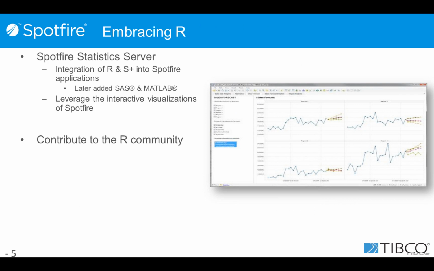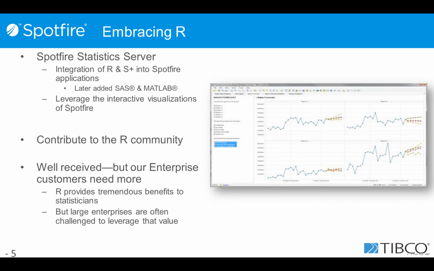Now, as part of embracing R, we focus on giving back to the R community, and so that means contributing packages to CRAN, contributing bug fixes back to R core, being a member of the R Foundation, and so on. And generally what we found in doing this was that our customers reacted very positively to the idea of leveraging R within their enterprise applications.